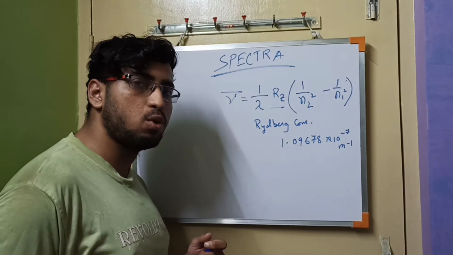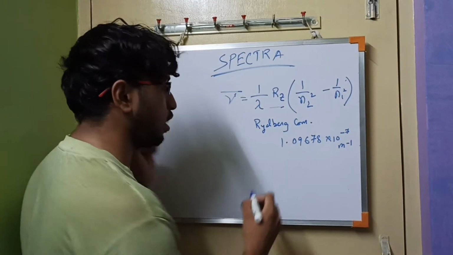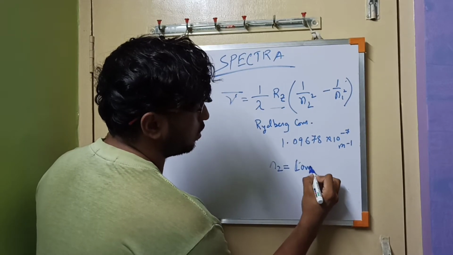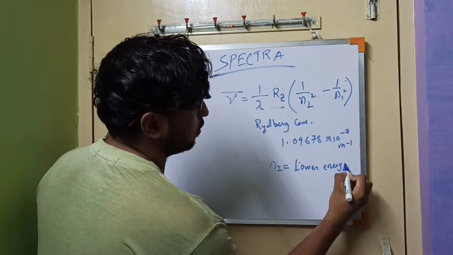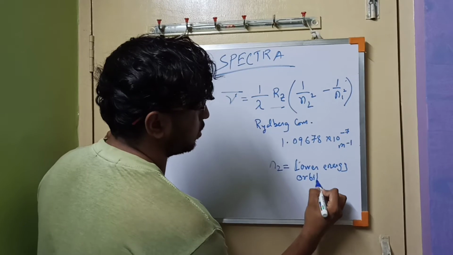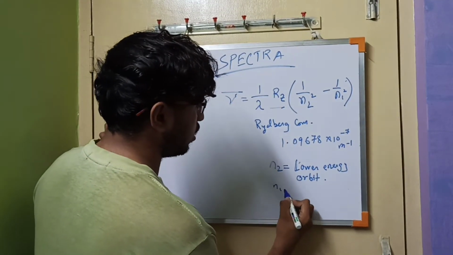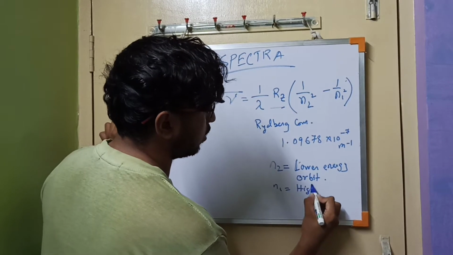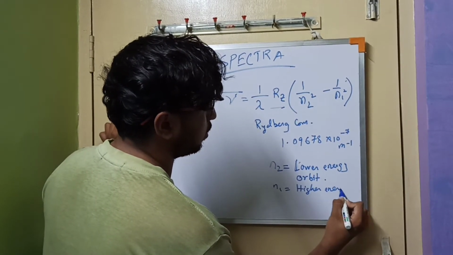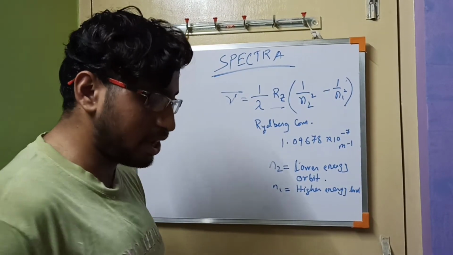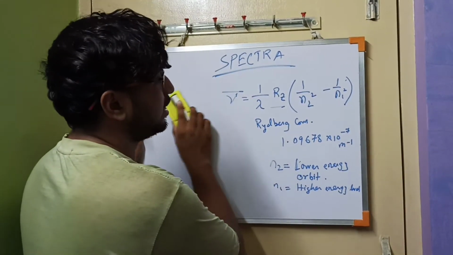So now we have to know what n2 and n1 are. n2 is the lower energy orbit or lower energy level, and n1 is the higher energy level. Now, what are n1 and n2 significant for?